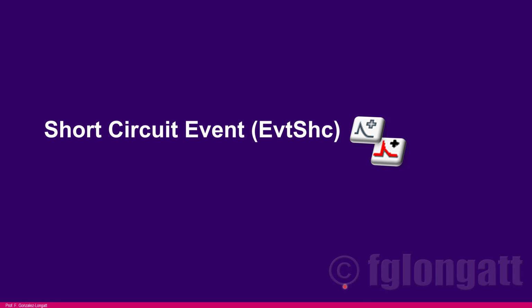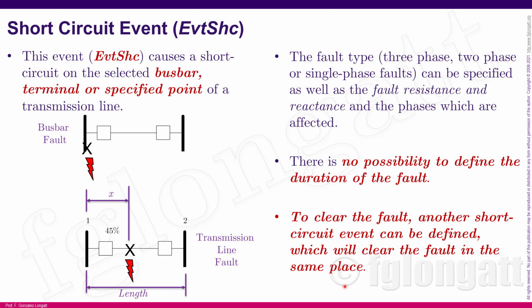Another extremely useful event, which we will probably be using for a while, is the short circuit event. It is of course used to define a short circuit. You can insert the short circuit, for instance, in a busbar, or select it to be in a transmission line.